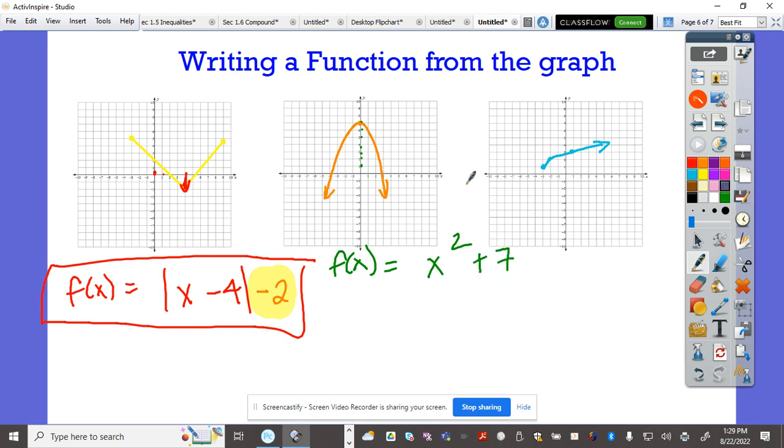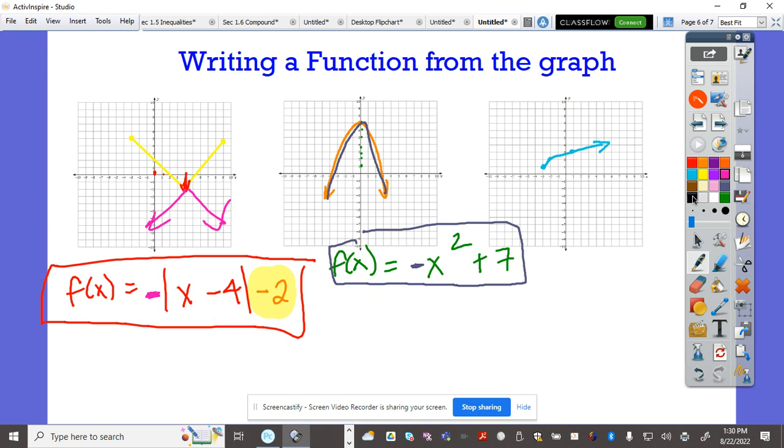The difference is that this is upside down. It opens downward, so this x squared has to be negative. That is the reflecting portion of the function. If the leading coefficient becomes negative, it flips over. So if this one here is negative absolute value of x minus 4 minus 2, this will be going down like that.